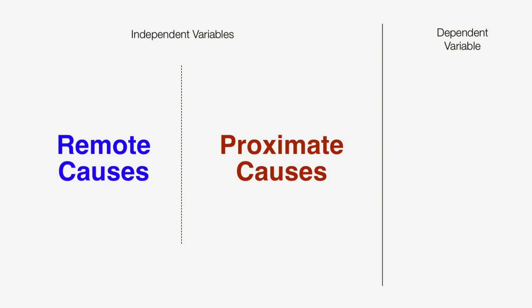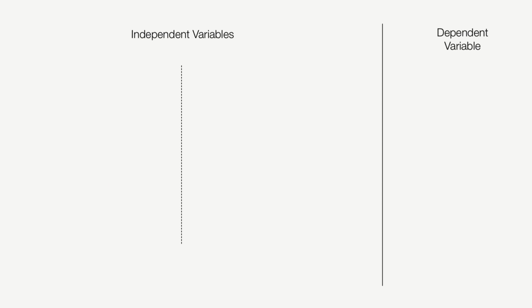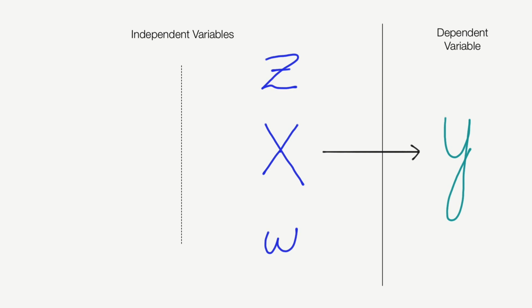What you can see here is that if we have a y variable on the dependent variable side, we might have an x variable that is a proximate cause on the independent variable side. So we have x causes y. We could also have additional proximate causal variables like z and w that also cause y to happen.